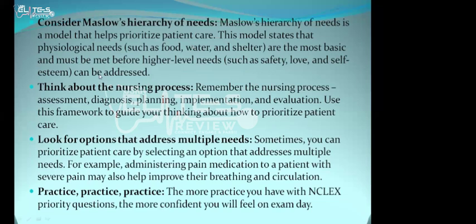Now, consider Maslow's hierarchy of needs. This is also very important, especially when it comes to some psychiatric questions and maybe some others. I'll try to give an example in each case for us to understand very well.